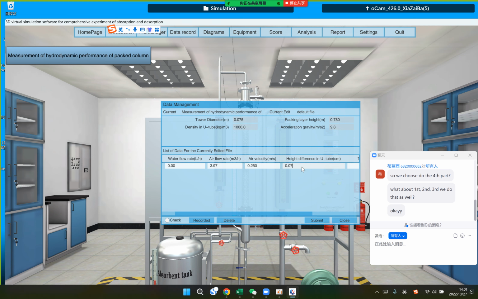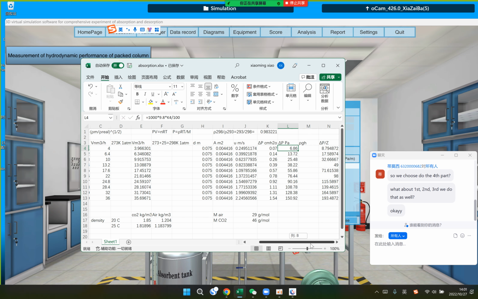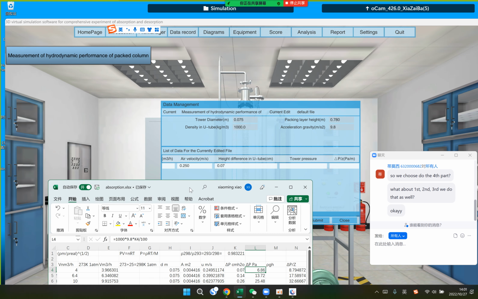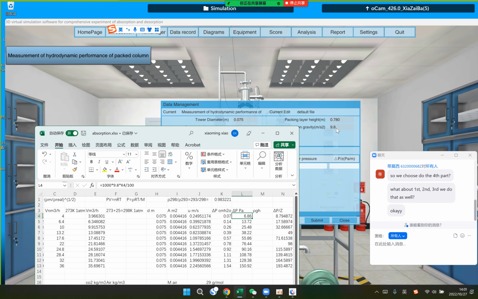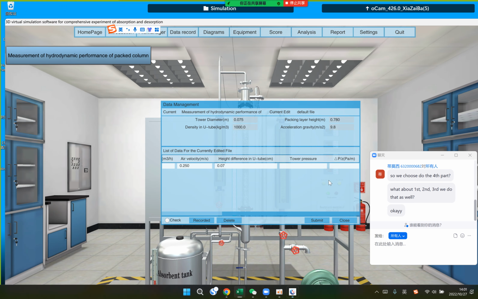Then we have to transfer the unit from centimeter H2O into Pascal. 0.07, and because it is equal to rho gh, here rho we give, gravity is 9.8, and we copy the result from Excel.